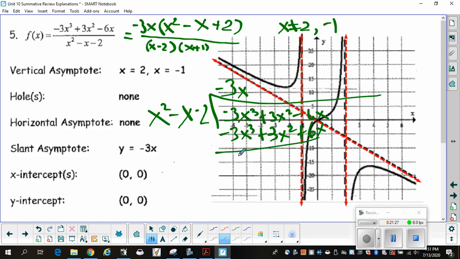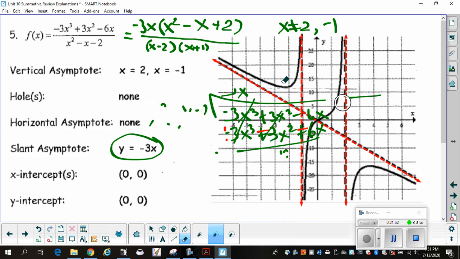And when you change all of your signs, that cancels, and that cancels, and this leaves you with -12x, which is actually just the remainder. Remember, we don't care about the remainder, so y equals -3x is our slant asymptote.